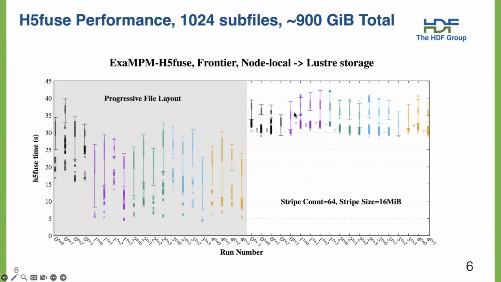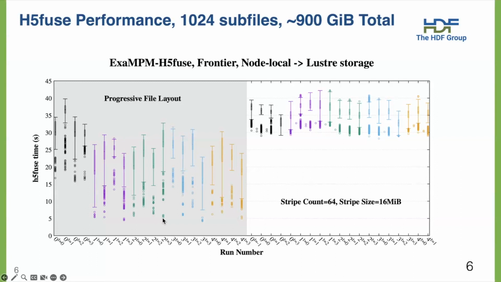But in this case, it actually, for the most part, performs better than setting it manually, which is kind of counter to what we have been seeing with HDF5. So this gives you an idea. So I guess if you're doing this currently, you can use the progressive file layout feature on Lustre, and it shouldn't hurt your performance all that much.